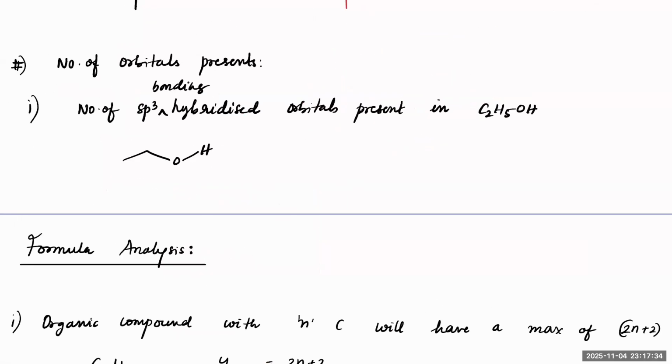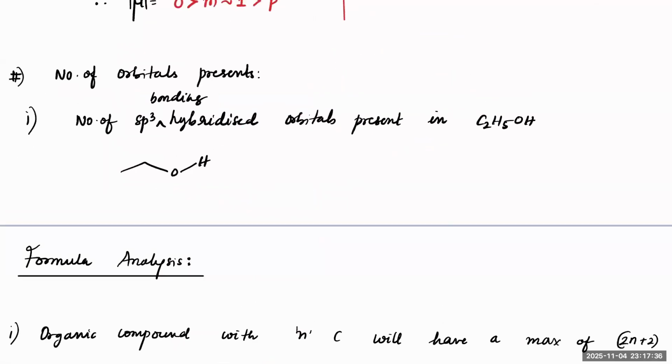And next, when it comes to how many number of orbitals are present, you can check it out. If you have the number of sp3 bonding hybridized orbitals, you need to check in C2H5OH. So write this structure and you notice that this carbon has four sp3 orbitals like this. So we will have 1, 2, 3, and 4 like this.